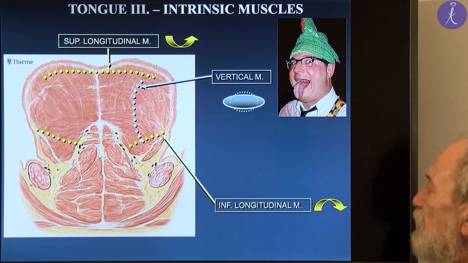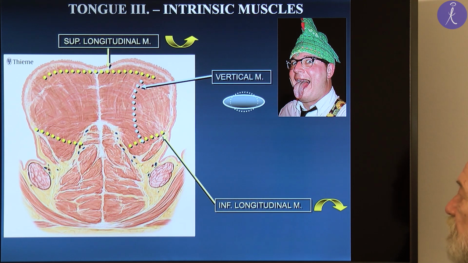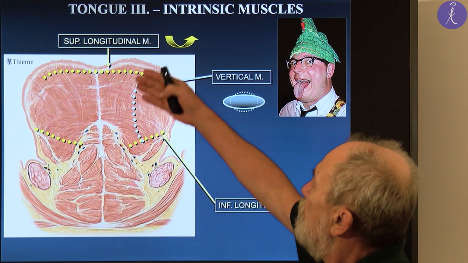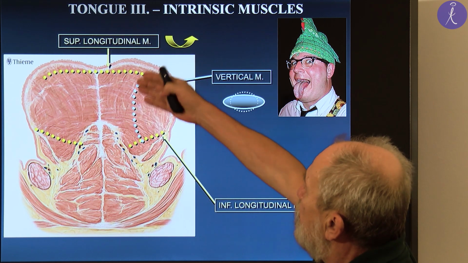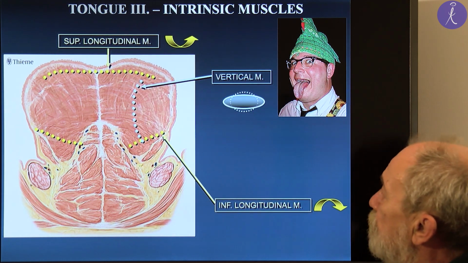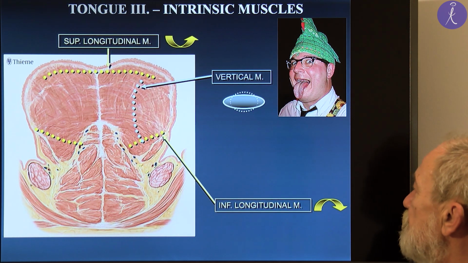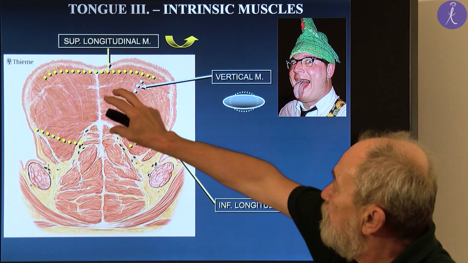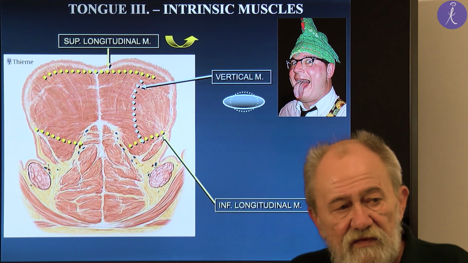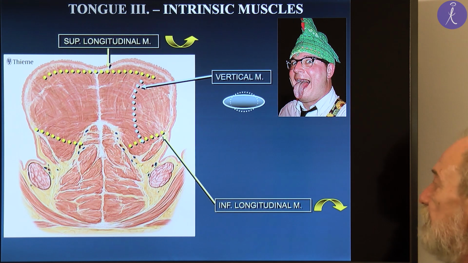The other two intrinsic muscles are longitudinally cut in a transverse cut of the tongue. One group of them is vertically oriented, and therefore the name is very logical, vertical muscle. By contracting, the fibers make the tongue flat and wider laterally.